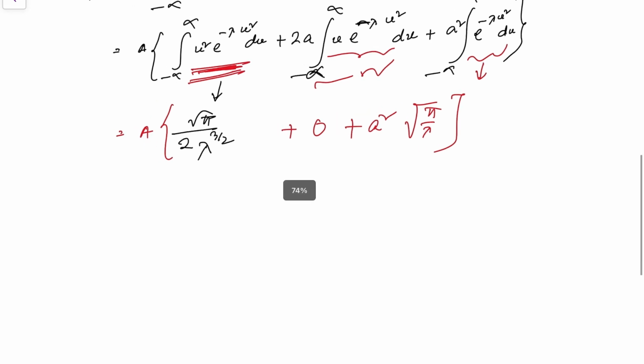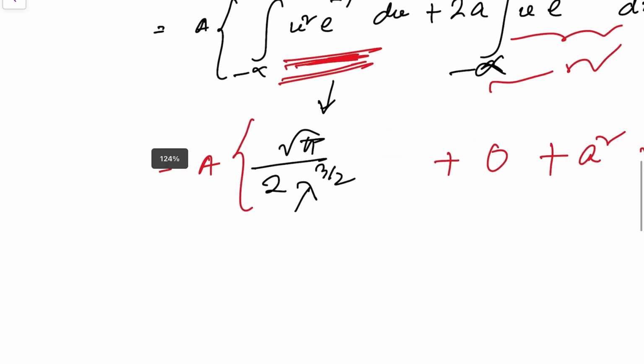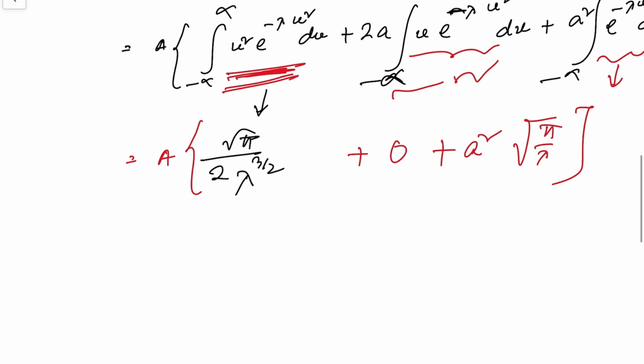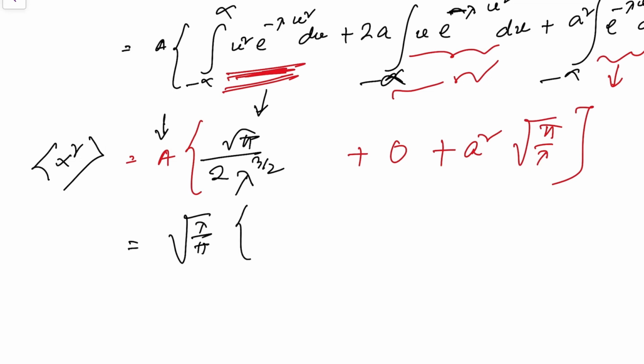So let me clean this part. Now this is what we have got, the average of x square. Now we are going to put the value of a here. If you put the value of a, that was root over lambda by pi, and simplify, here root pi by lambda, and here 1 by 2 lambda.